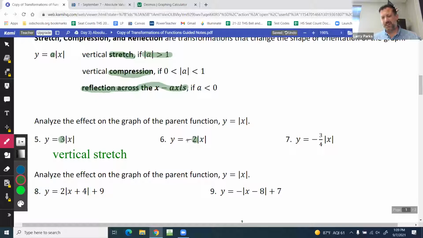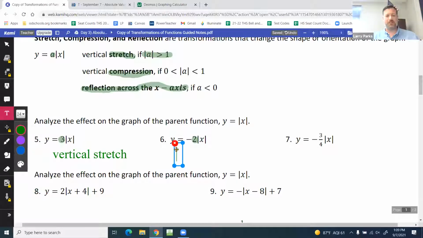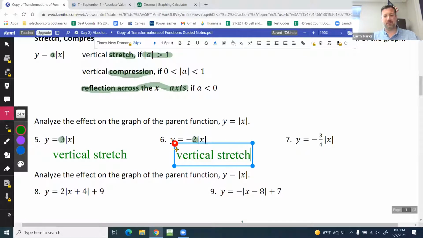And again, you could just ignore the negative sign for now. So what does the 2 do? Bigger than 1? It also causes a vertical stretch by a factor of 2, some people say.